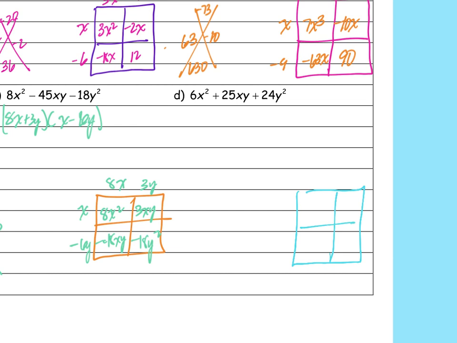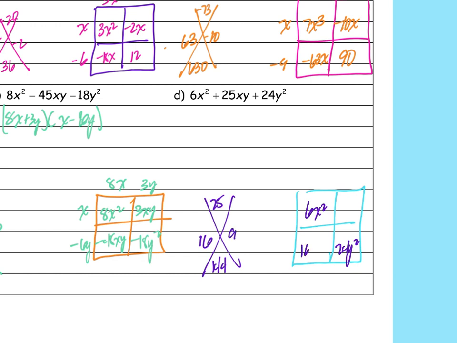So I've got, wow, 6x squared, 24y squared. I need two numbers that multiply to be 144 and add to be 25, and I think that's 16 and 9.